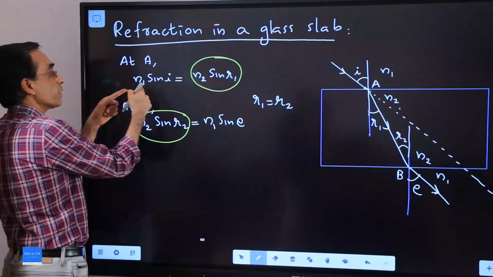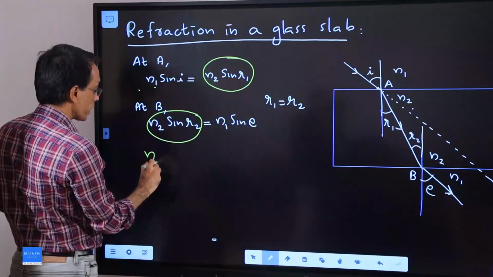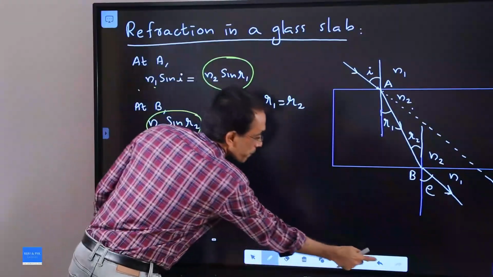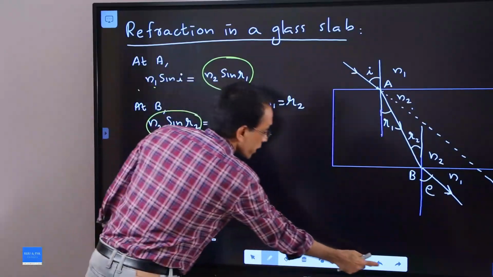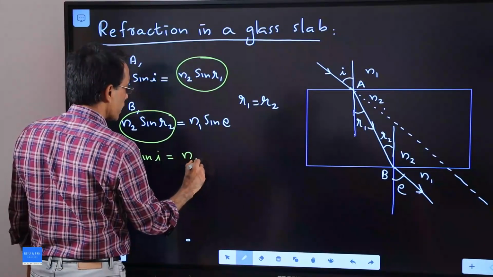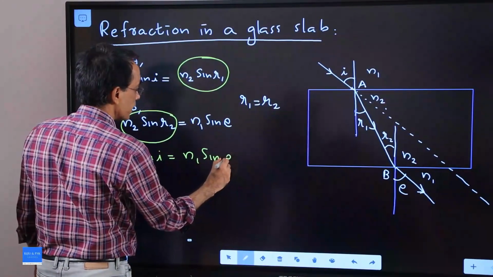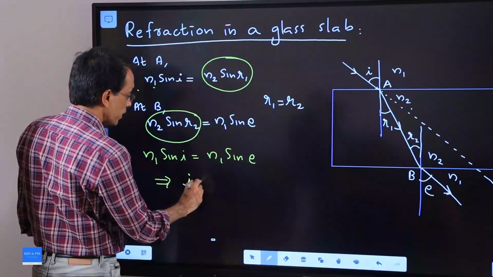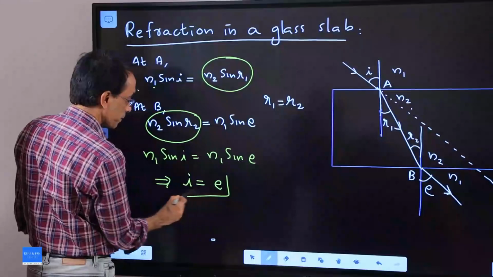So N1 sin I is equal to N1 sin E, which implies angle I is equal to angle E.